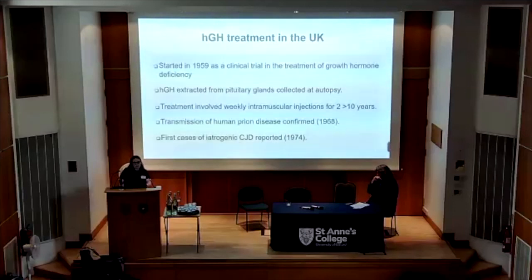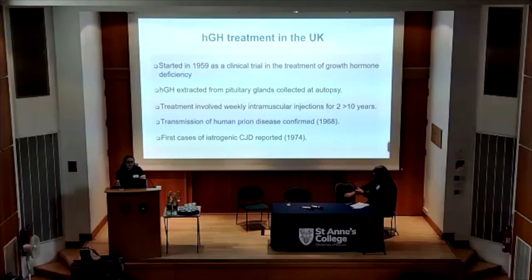Now, just a little background on human growth hormone. It started in 1959 as a clinical trial for the treatment of children with growth hormone deficiency. The human growth hormone itself was very crudely extracted from pituitary glands collected from autopsy patients, well, autopsies.